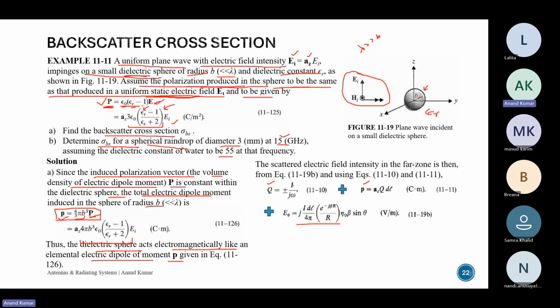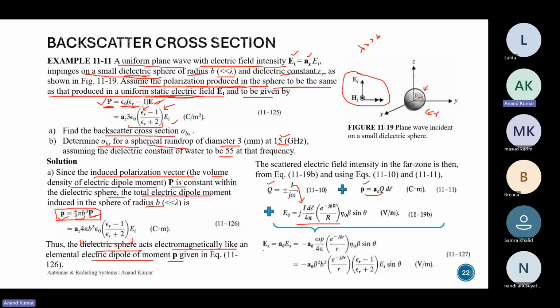So substituting the expression for I over here, we get Q into j omega, and then substituting Q from this, we have the expression for electric field as omega P, which is the dipole moment, by 4 pi, e to the power minus j beta r, where beta is basically 2 pi by lambda, eta is the impedance of the space, r is the distance of the receiver, and sine theta.